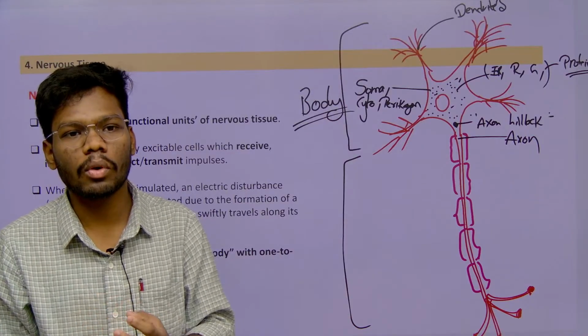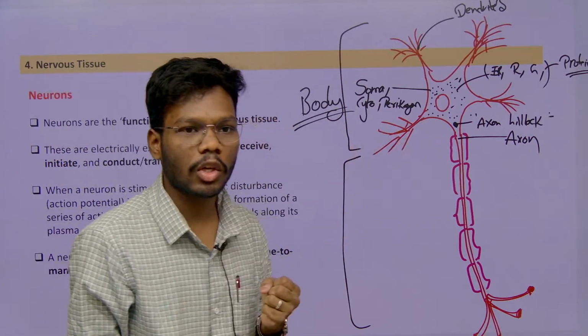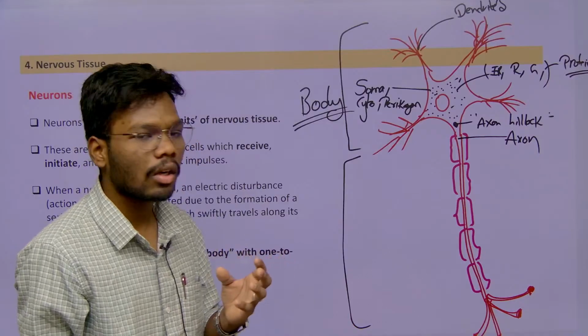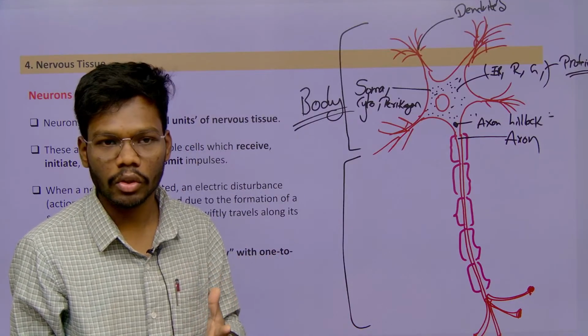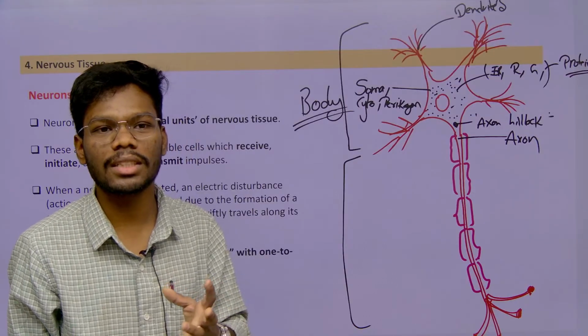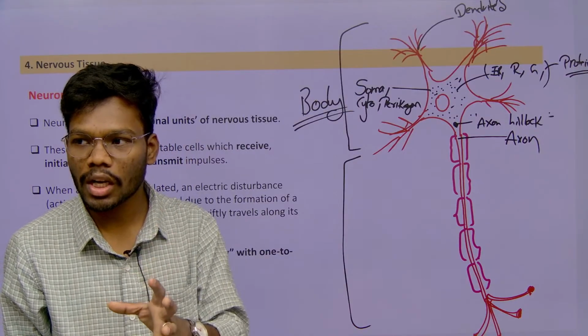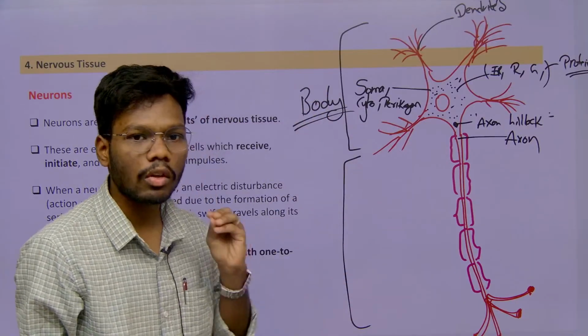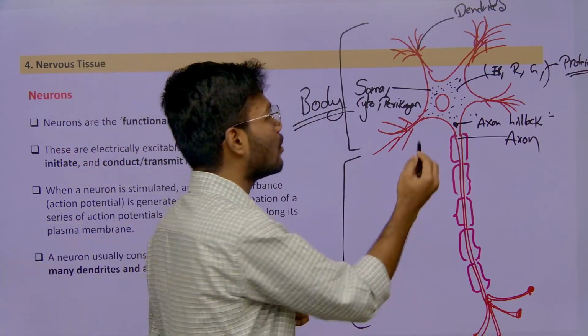Sir, what are the proteins which are forming in the cytoplasm? Those are neurotransmitters, right? In neurons we have neurotransmitters, very important for nerve impulse transmission. The neurotransmitters in this neuron, where are they synthesized? In the cell body, very important.